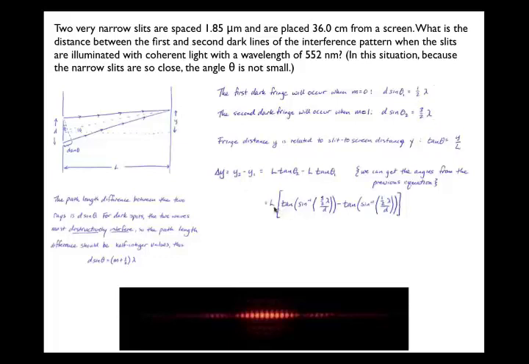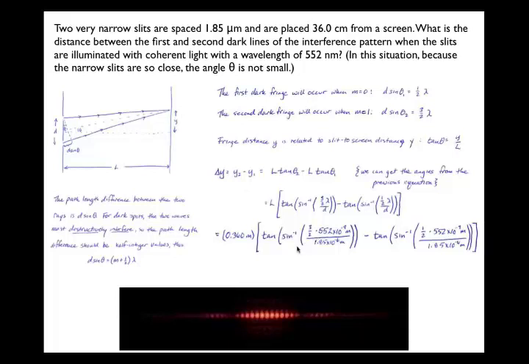So a final expression is I get L times the tangent of the inverse sine of 3/2 lambda over d minus tangent of the inverse sine of 1/2 lambda over d. And if I plug in all of my numbers, it looks something like that. The wavelength in this case is 552 nanometers, so that's 5.52 times 10 to the minus 7 meters.